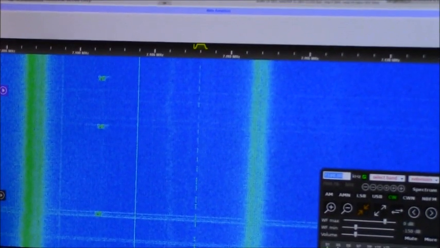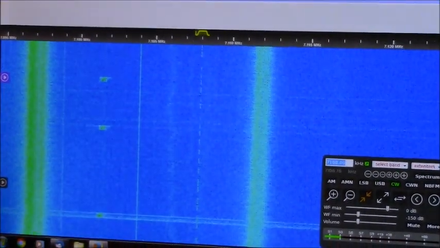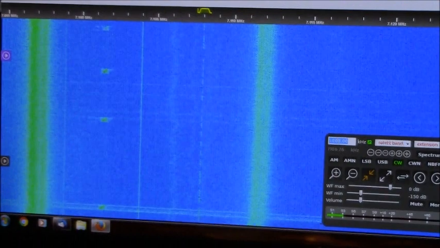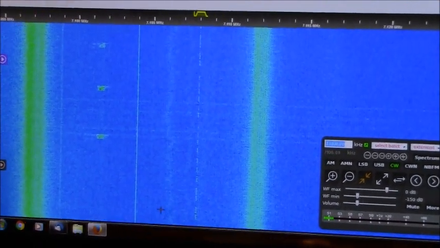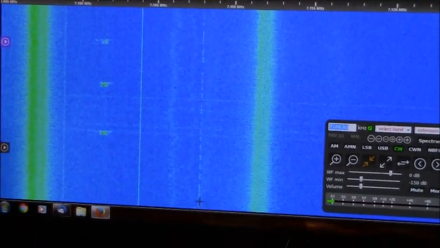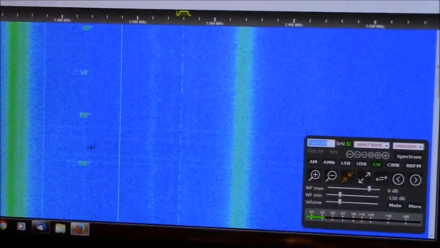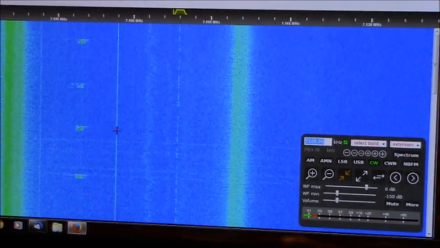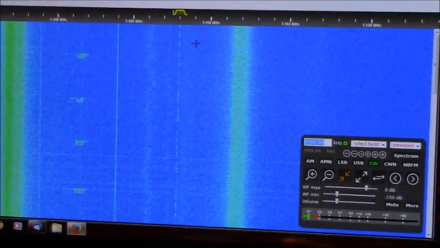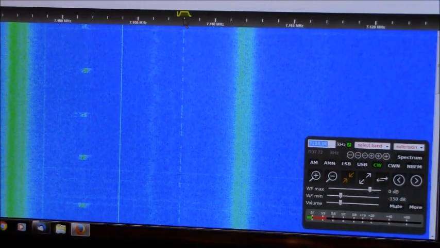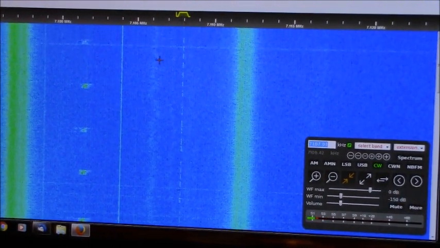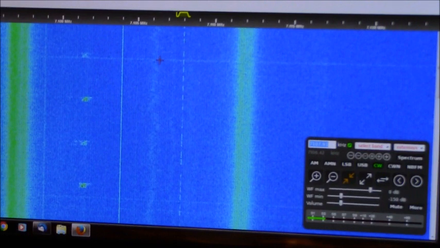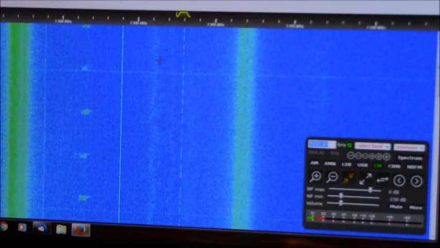And unfortunately, of course, the signal we chose is a bit weak. But you notice it's easy, and you can actually tune that signal using your cursor. So just see that?